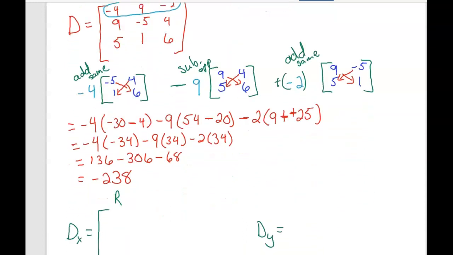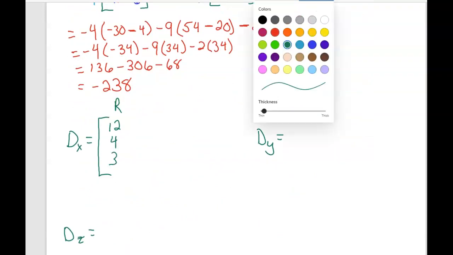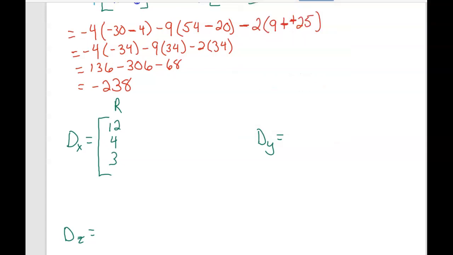So I will replace the x column with 12, 4, and 3. The other columns, my y and z columns, will stay the same. 9, negative 5, 1, negative 2, 4, and 6.